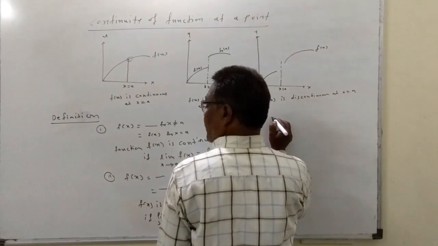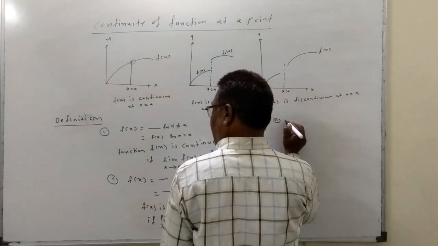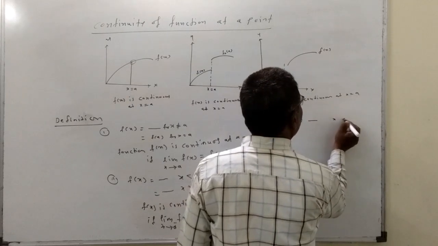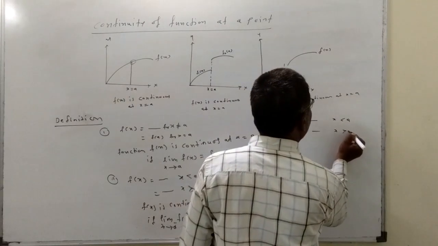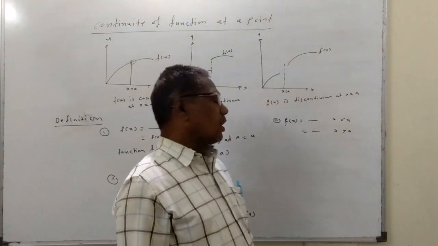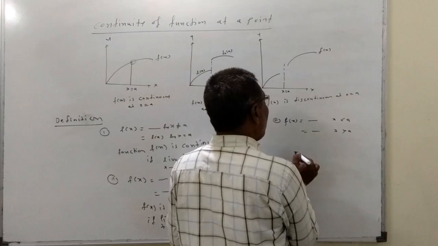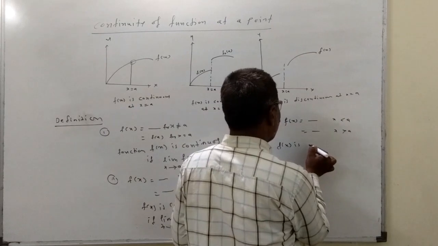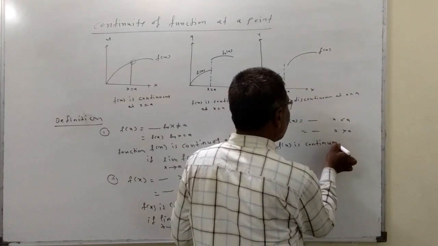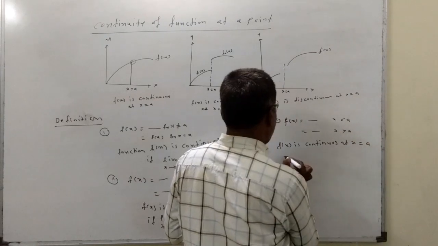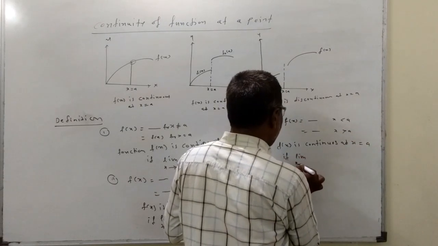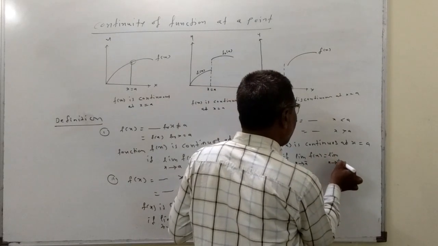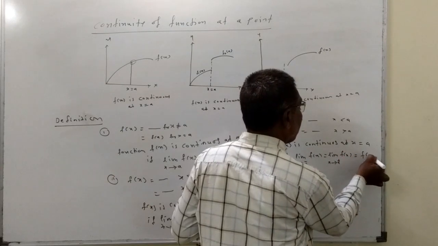Now sometimes f of x is defined like this: some equation for x less than a, some equation for x greater than a. Now how do we check the continuity of this type of function? So f of x is continuous at x is equal to a if limit x tends to a minus f of x is equal to limit x tends to a plus f of x equal to f of a.